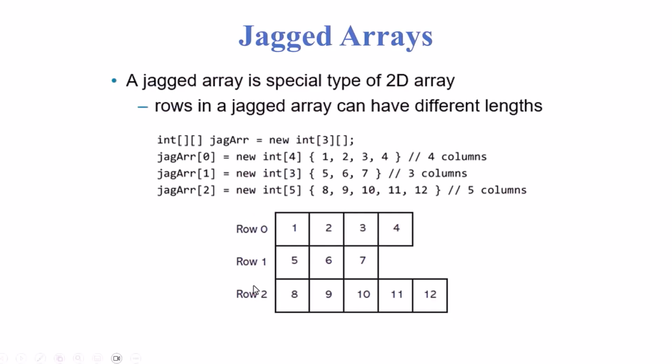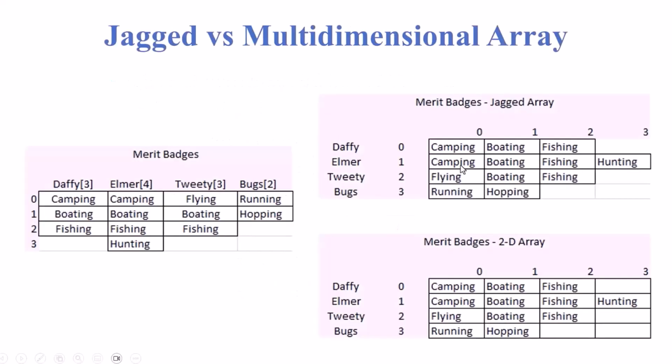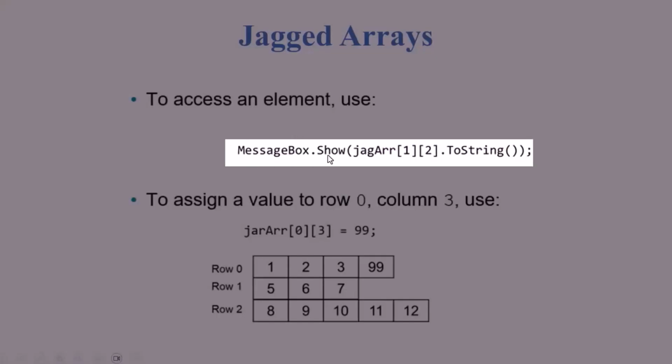What I had trouble finding was a practical example of an array, so I created my own, which you'll see in the next video. What we've got here is rows 0, 1, and 2, and they look like this, much like you just saw in the previous example where we had Daffy with all his little pieces. To access any element of the array, we use MessageBox.Show, and we're looking at row 1, the second row, and item 2, which is the third column, ToString, and sending it out there.